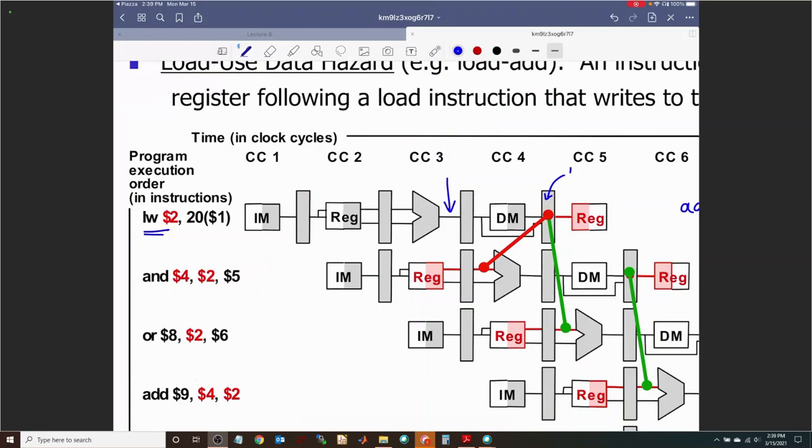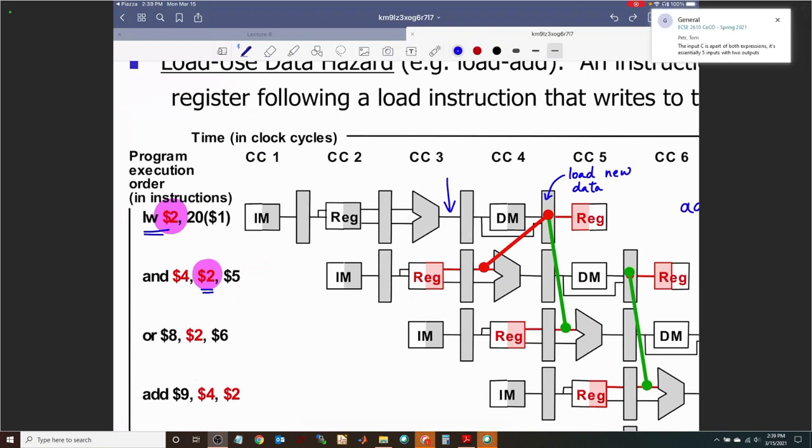For the load, that data is ready after you read the data memory. But when do you actually need it over here? This is the problem. You actually need it right here. So clearly this needs to go back. That's a problem, hence highlighted in red.